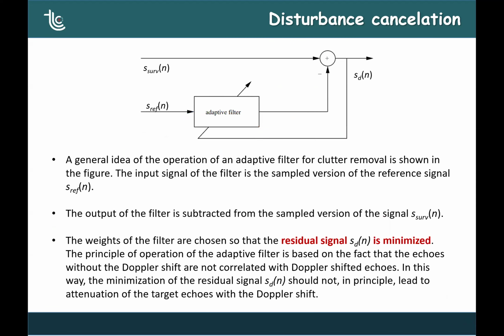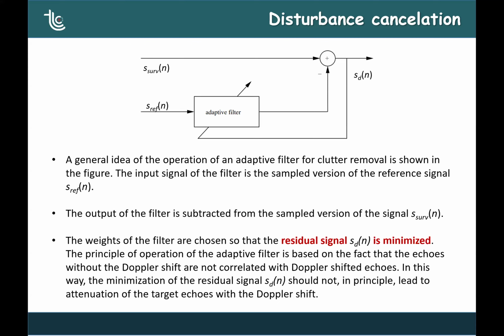So suppose that we have these two channels, then we want to build an adaptive filter so that the difference between the surveillance and the reference signal after the adaptive filter is a signal SD, that is the residual. Then we want to build the coefficients of this filter in order to minimize the power of SD.